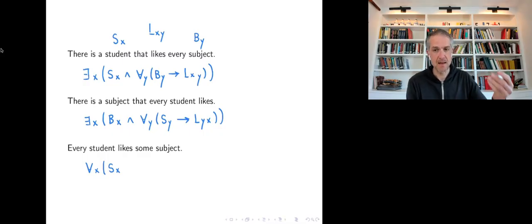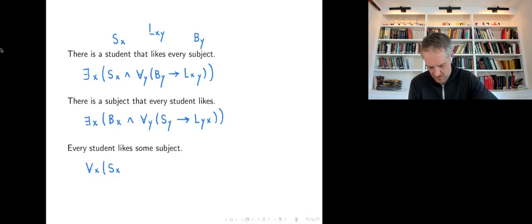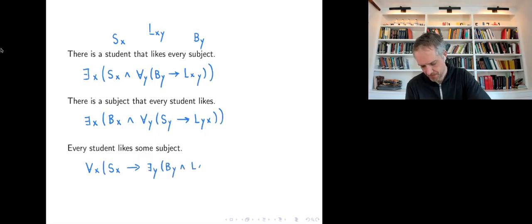It says anything that is a student has some feature. So in other words, for any x, if x is a student, then there is some subject such that x likes it.